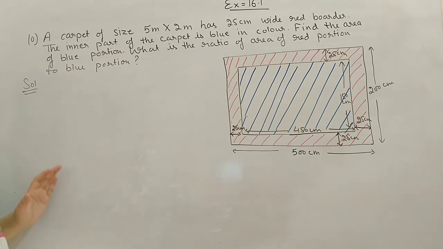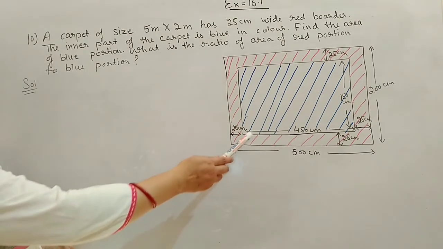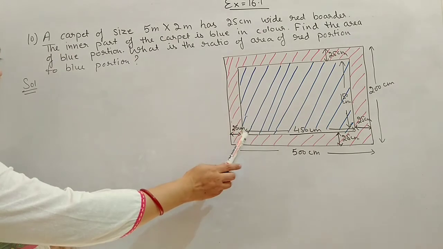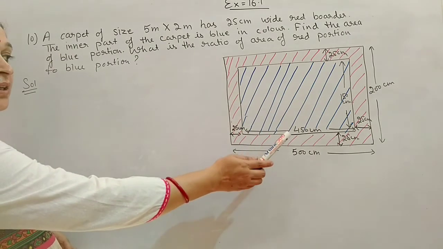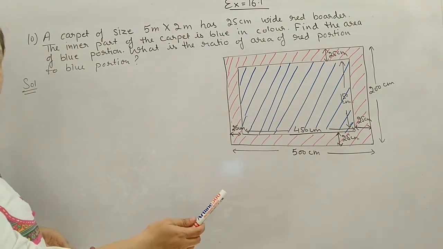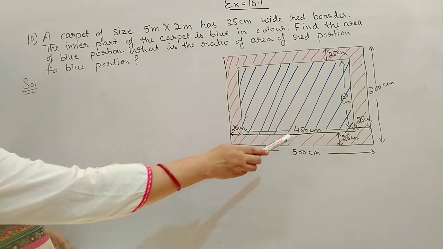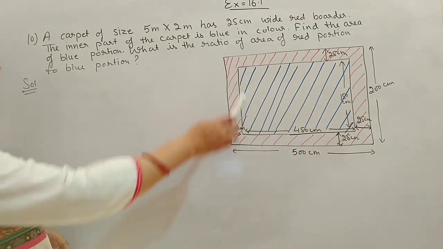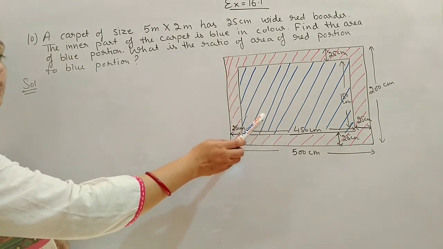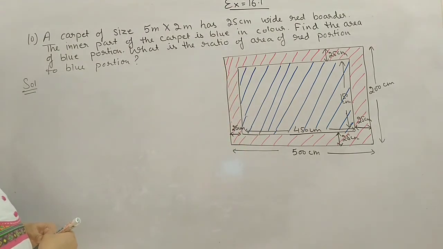Now first we will find out the dimension for this inner part, blue part. 25 this side and 25 that side, 25 plus 25 means 50. So 500 minus 50, it will be 450 centimeter. Same thing for width we will do. 200 minus 50, it will come 150 centimeter.